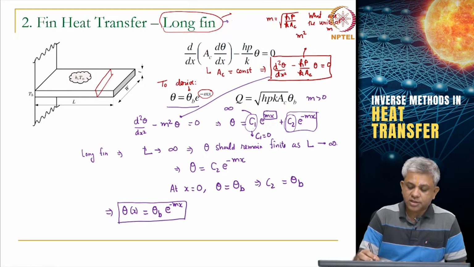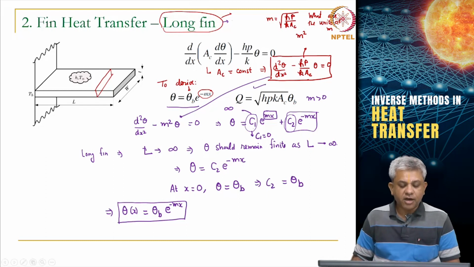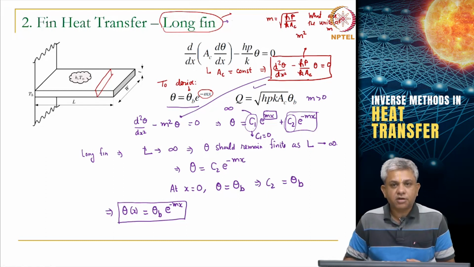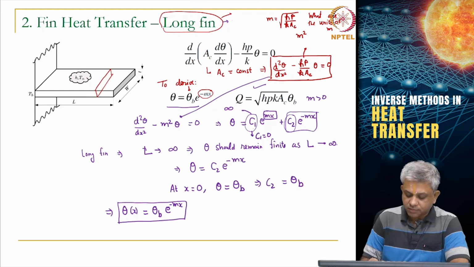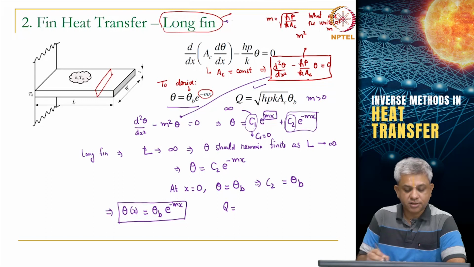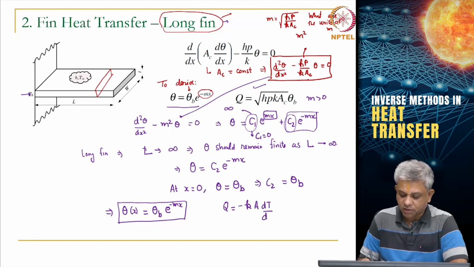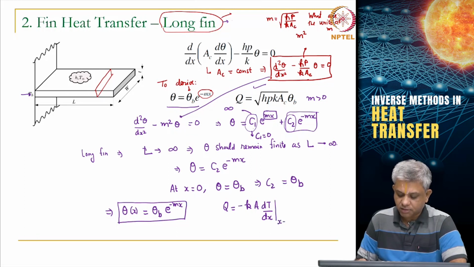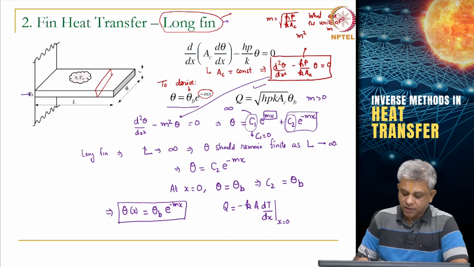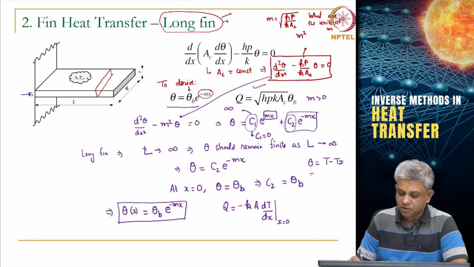All right. What about the second relationship? The second relationship talks about the heat transfer. The heat transfer at the base is minus k times the area, since this is the net heat transfer, not just the flux, times dT/dx calculated at the base. Since theta is simply T minus T infinity, dT/dx is the same as d theta/dx if you differentiate both sides.